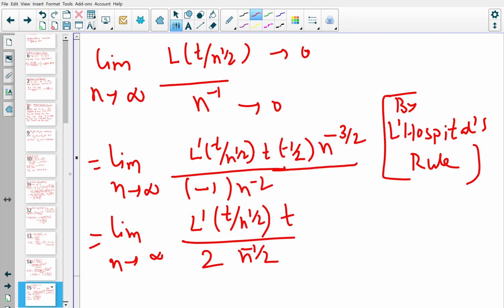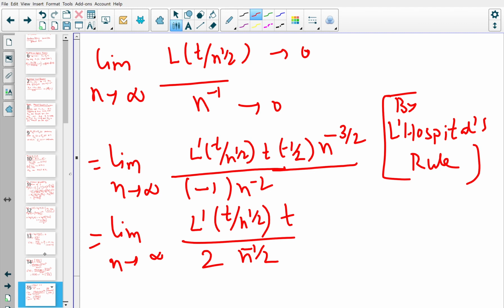So again you see that when n tends to infinity, the numerator is L dash 0. So what was L dash 0? Let me tell you.